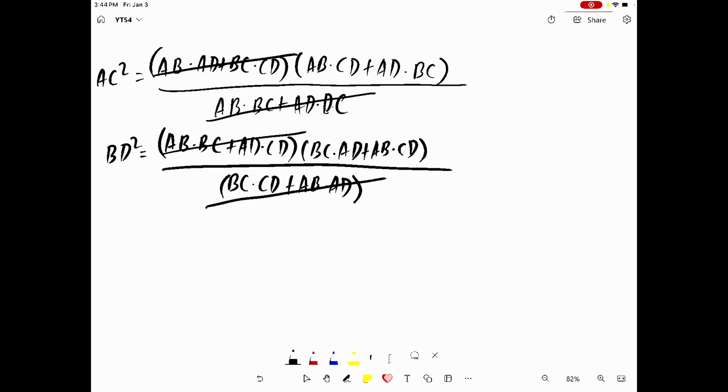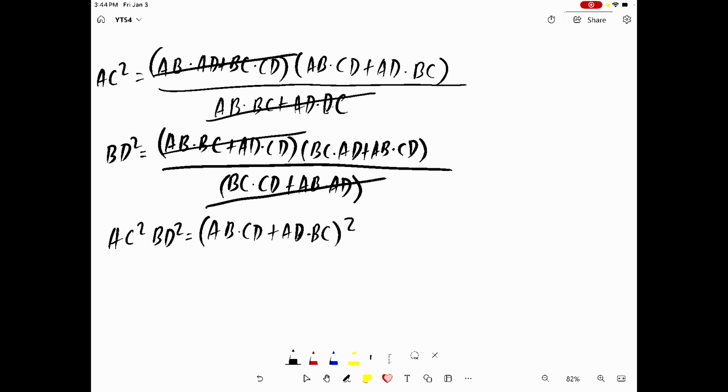So now that we have those canceled out, what we're going to get is AC squared times BD squared is equal to AB times CD plus AD times BC, and that thing is going to be squared, the whole square.